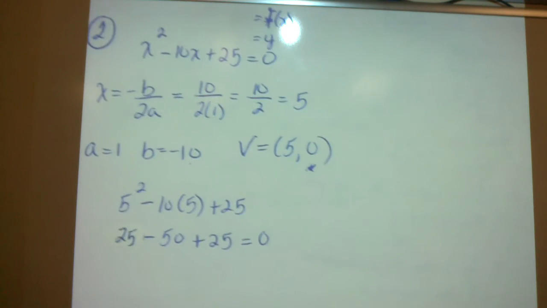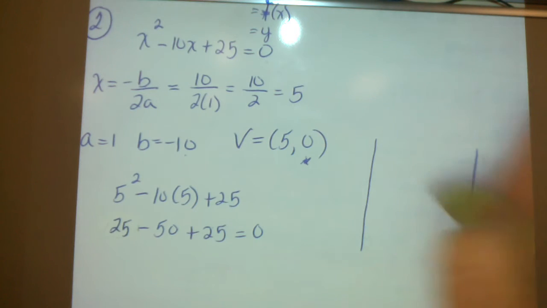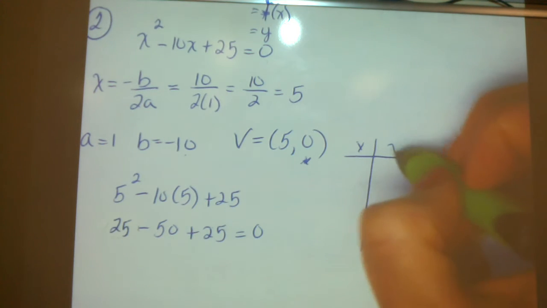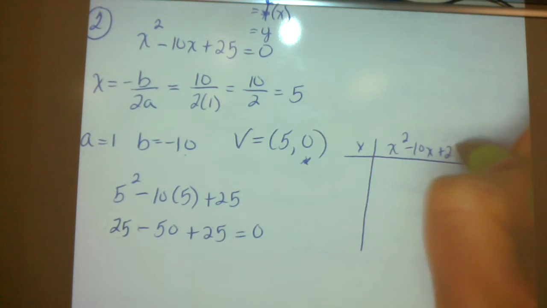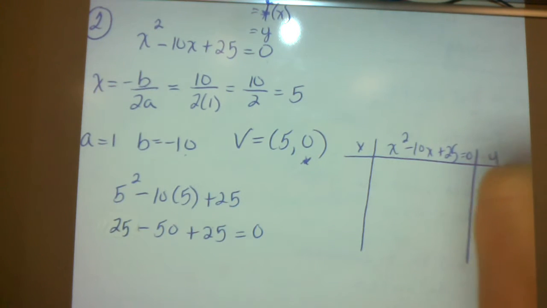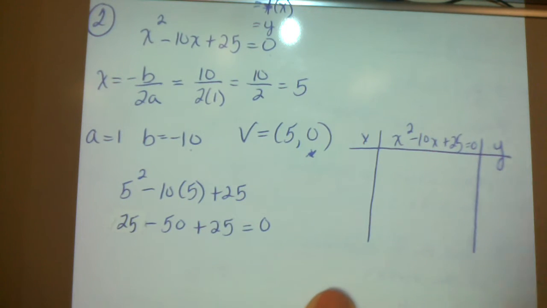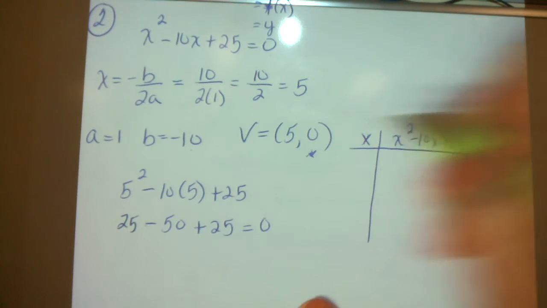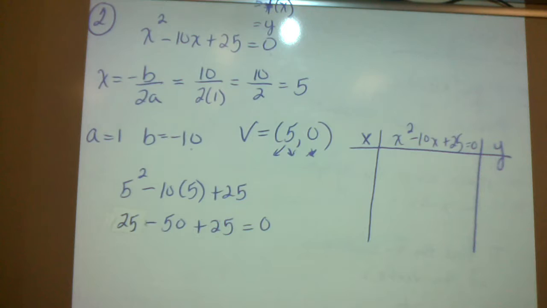Okay, so let's set up our table. We found the vertex. Now it's time to set up the table. I've got my x column. I've got my quadratic equation. I've got my y column. Now, in order to find my x values that I'm going to use for my table, I'm going to go 2 numbers that come before 5, 2 numbers after 5.